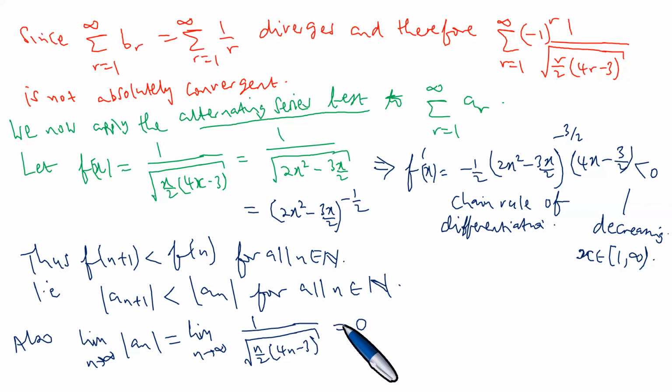All right, so we have two conditions that are met beautifully. One, that this limit is 0, and that the function itself is decreasing from 1 to infinity. 1 to infinity is the domain of summation. The conclusion is obvious.